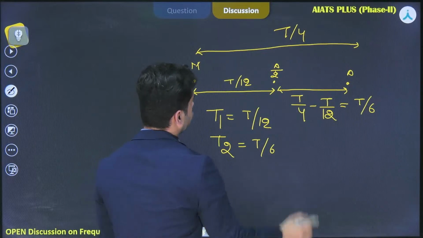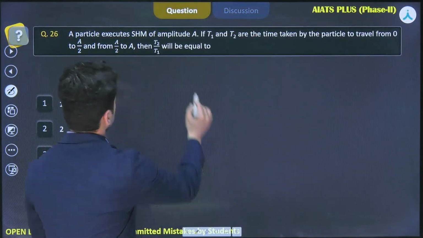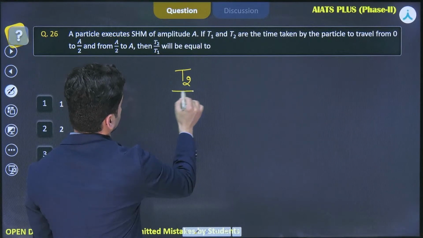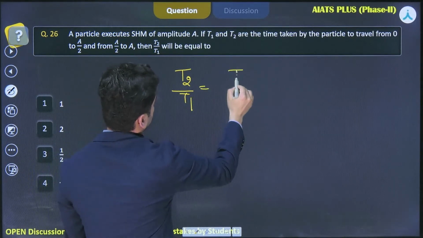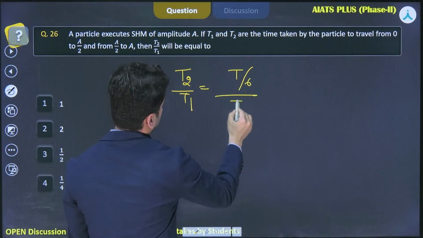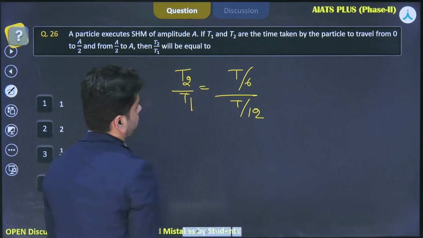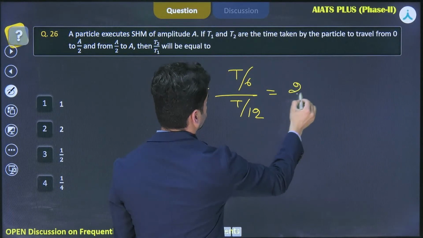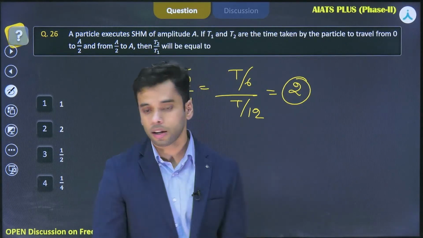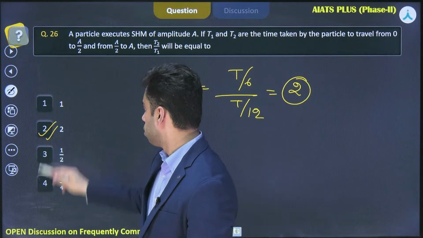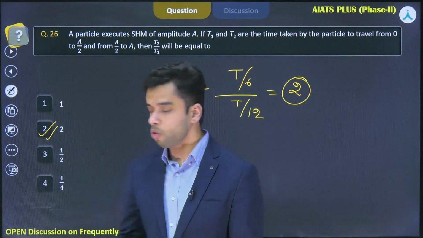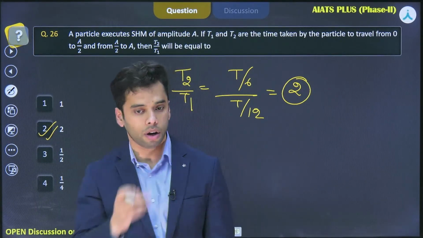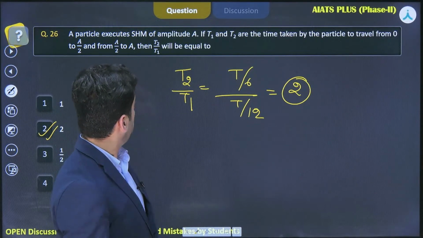And what ratio do we need? We need the ratio T2 by T1. So it is equal to T by 6 over T by 12, right? So it is equal to 2, which means the correct answer should be option 2. Not 1 by 2, we are calculating the time taken from T2 to T1.